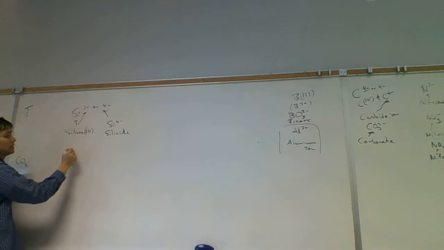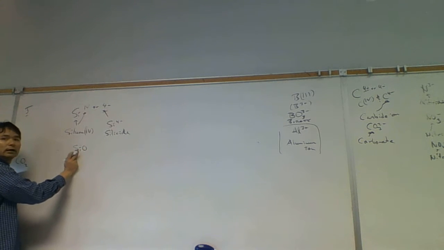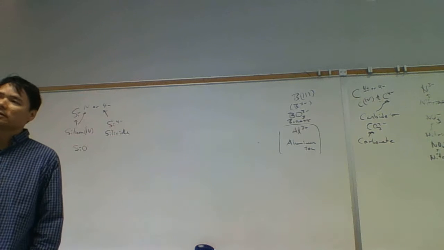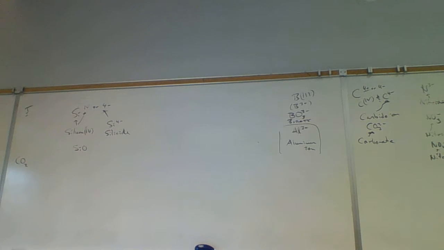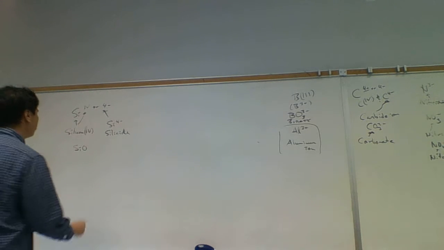But we also have an oxyanion. Si, how many oxygens on silicon? This is why I asked you to memorize boron and silicon. What group is silicon in? It's in group 14 or 4. 14 or 4 means 4-4.